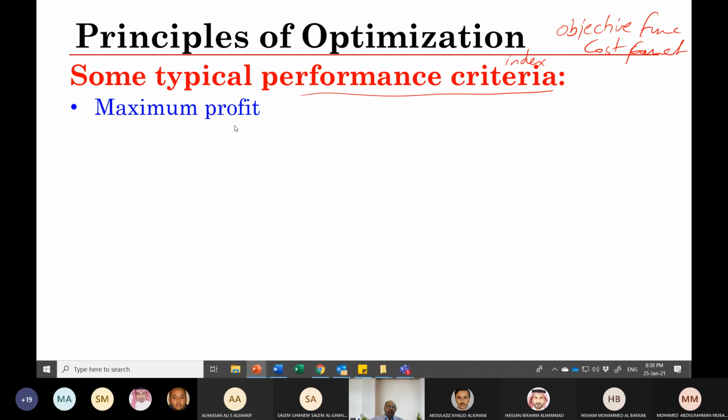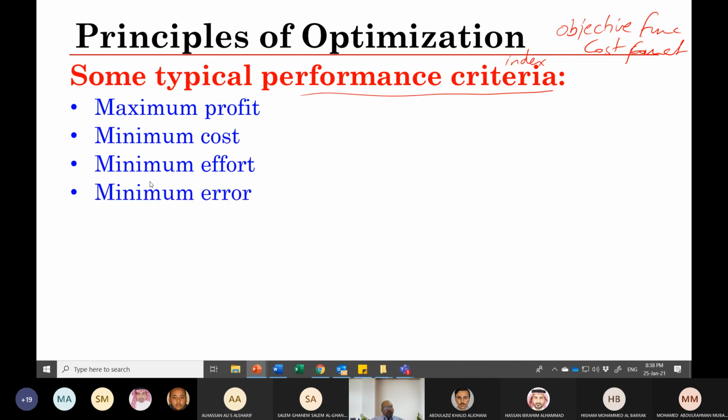You can maximize the profit. You can minimize the cost. You can minimize the effort. You can minimize the error, speed deviation, or whatever. Any measured variables, you need to minimize the error there. You need to minimize the losses, for example, in your plant.